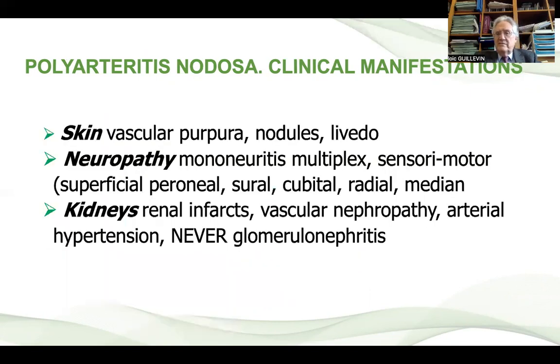The classical symptoms are the skin disease with the vascular purpura, the nodules, and the livedo. The neuropathy is a mononeuritis multiplex. It is sensory motor, and it affects mainly the superficial peroneal, then in order of frequency, sural, then the ulnar, radial, and median.